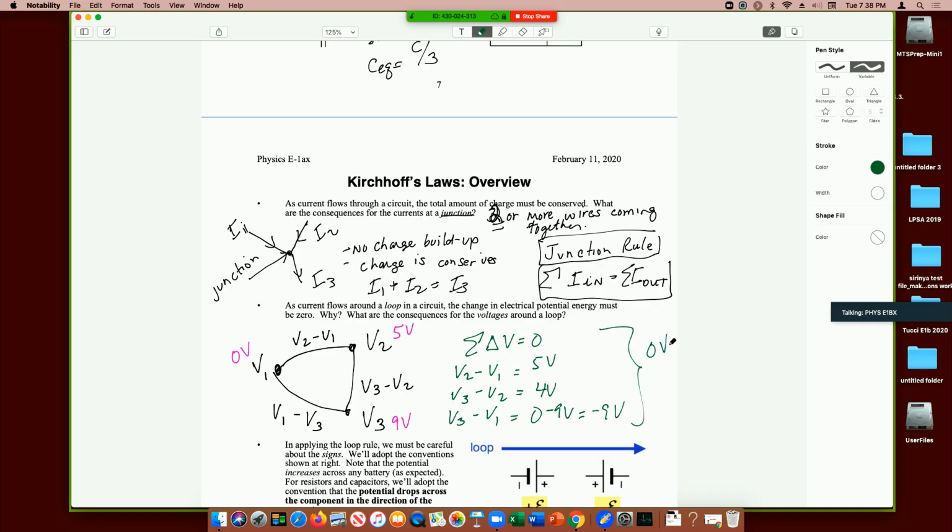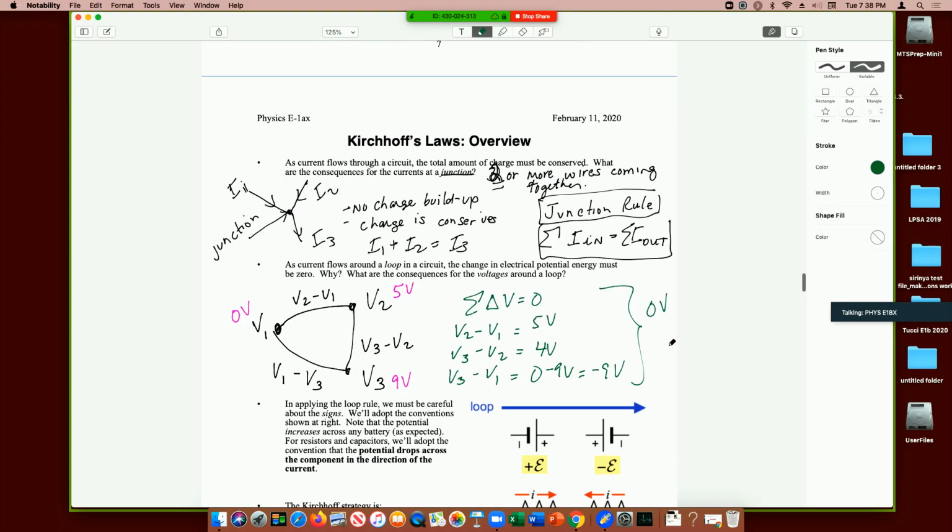If I come back to the beginning place, the change in potential is 0. Does that make sense? Okay, so this is called the loop rule: the sum of the changes in potential has to equal 0.